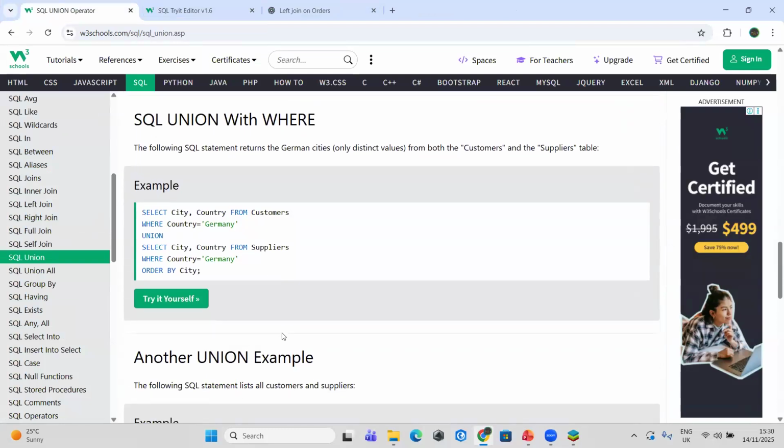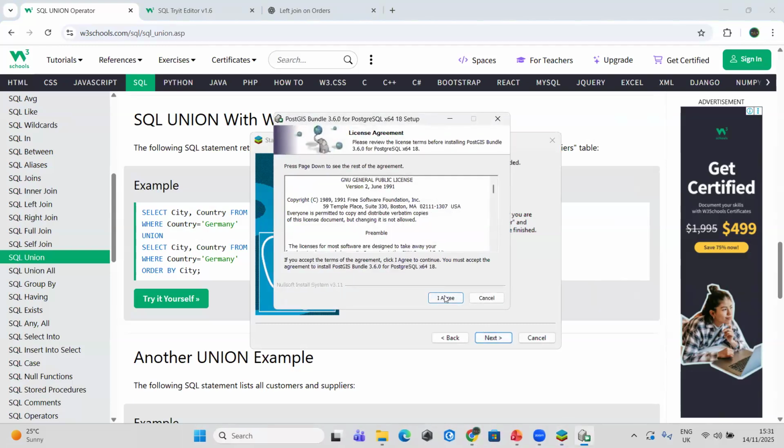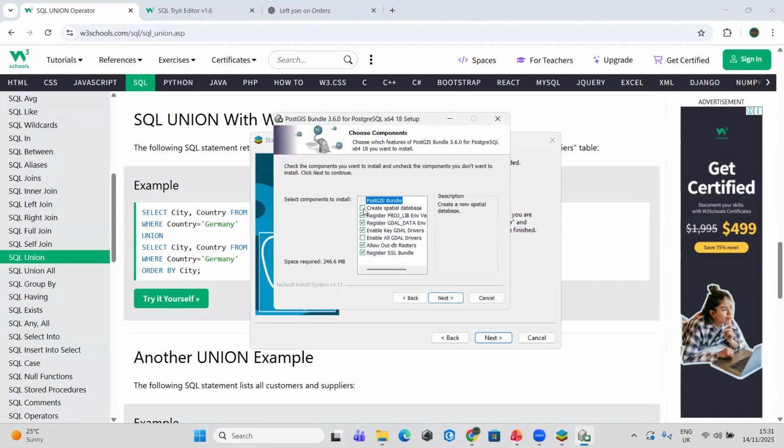so here is an example of SQL union with where. Just does it download it. Next. What is this? We need to check on this one. Which one?